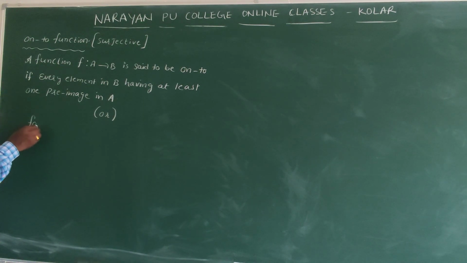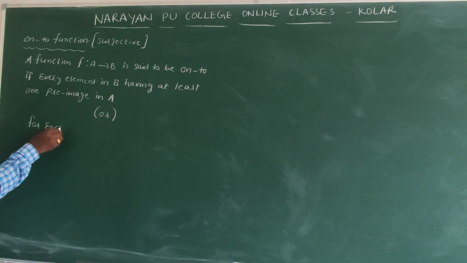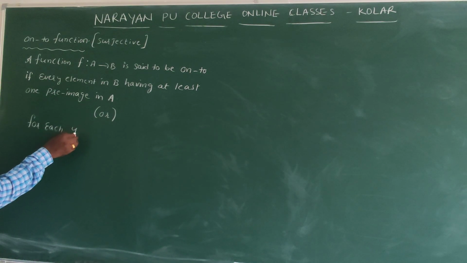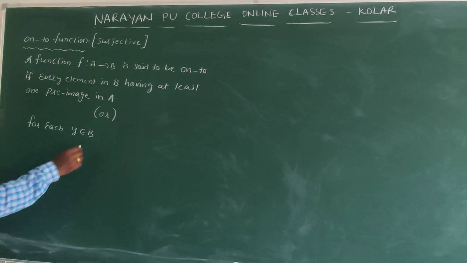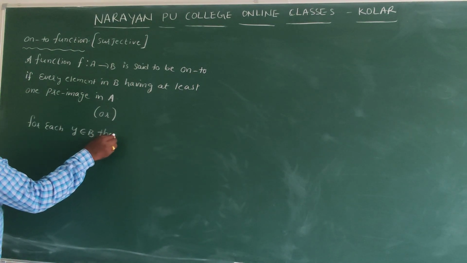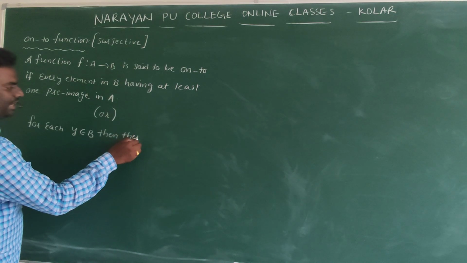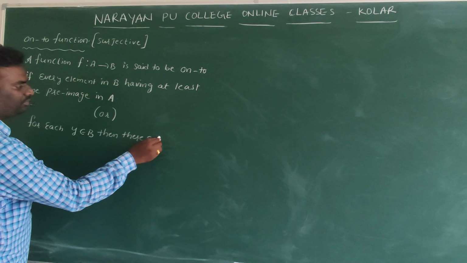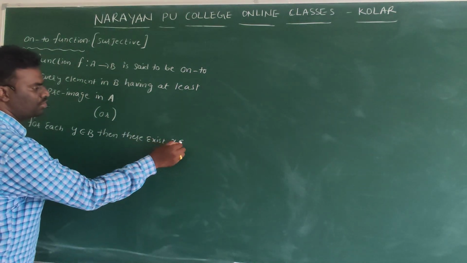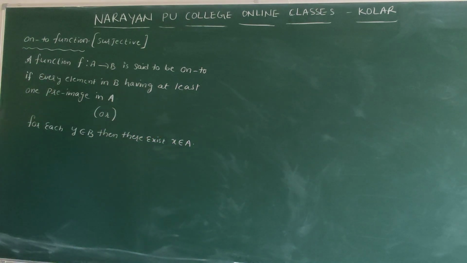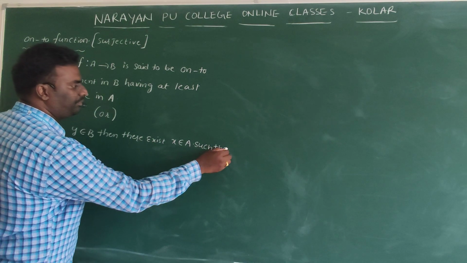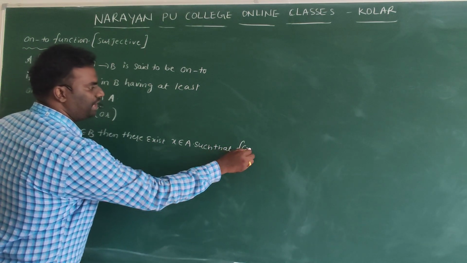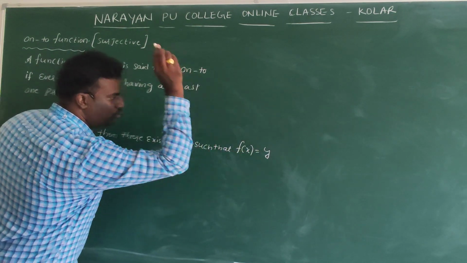For each y belongs to capital B, then there exists x belongs to capital A such that f of x is equal to y.